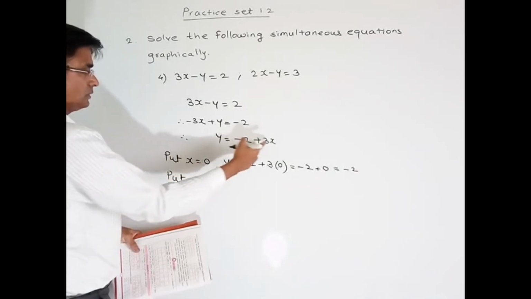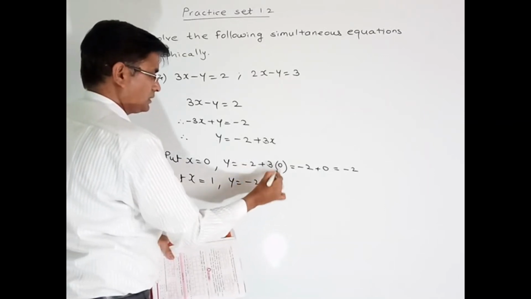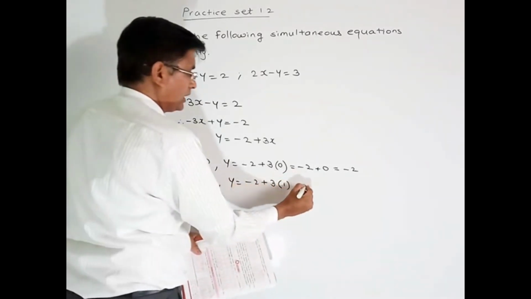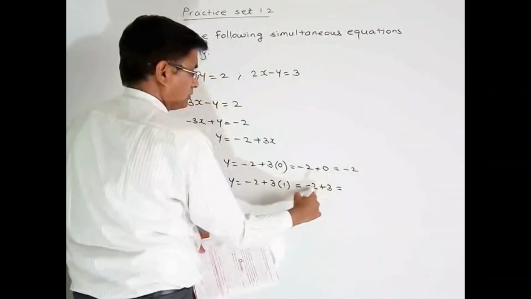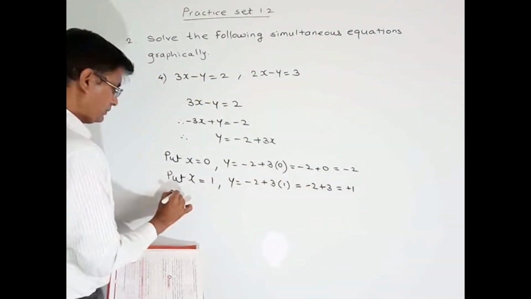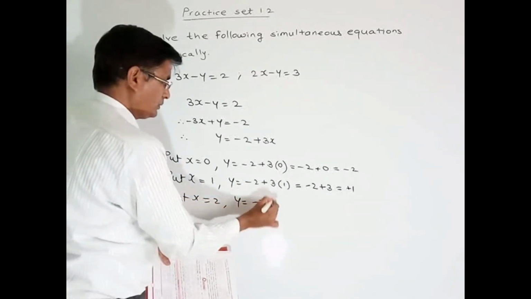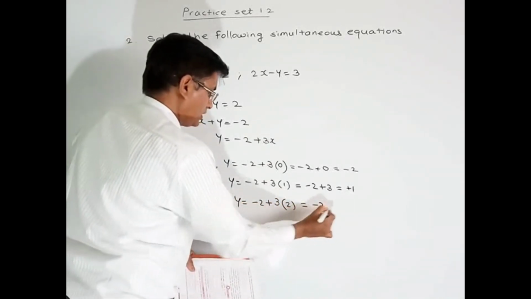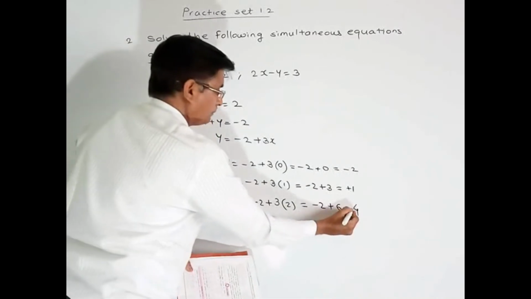Put x is equal to 1, so y is equal to minus 2 plus 3 into 1, that is minus 2 plus 3, that is 1. Put x is equal to 2, so y is equal to minus 2 plus 3 into 2, 2 threes are 6, the answer is plus 4.